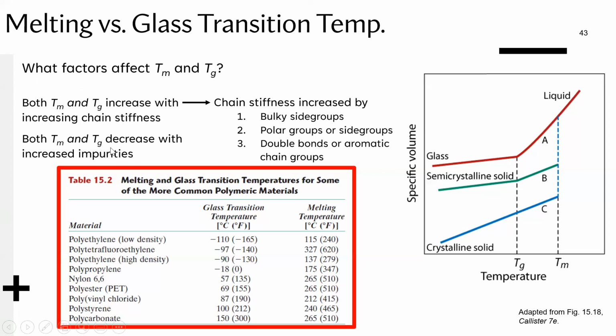Interestingly as well, it's also a function of impurity. As you have more and more impurities, you get a lowered melt and glass transition temperature. What that means is that impurities help your liquefaction or the melting process. Again, the reason for that is that impurities act as sites for a sort of reverse nucleation of the melting process.